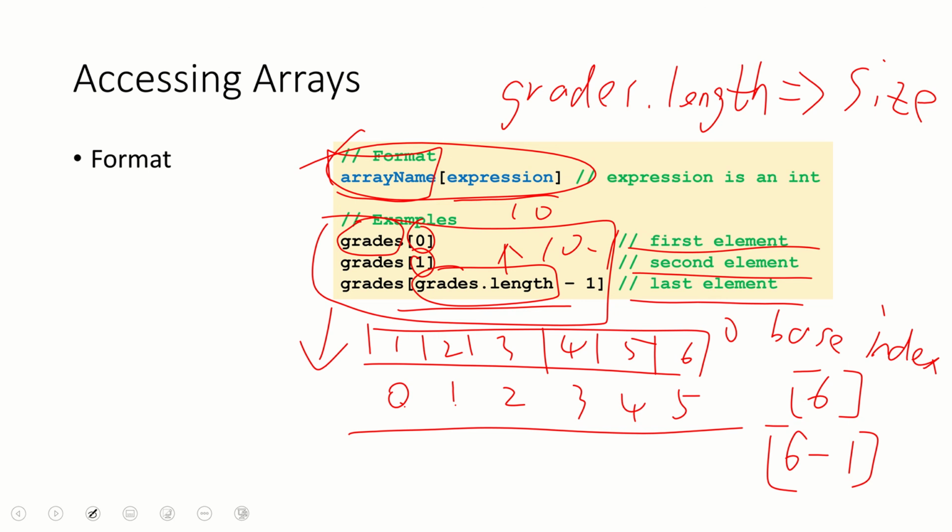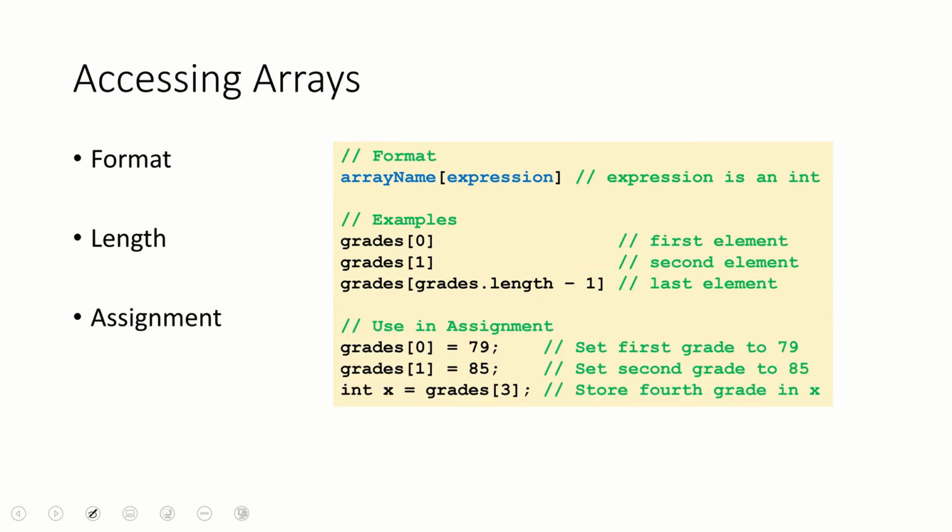We don't want to hard code, so we use the array's variable to help return the size of the array. Basically you don't have to remember the size of the array. The only thing you do is use the variable length.